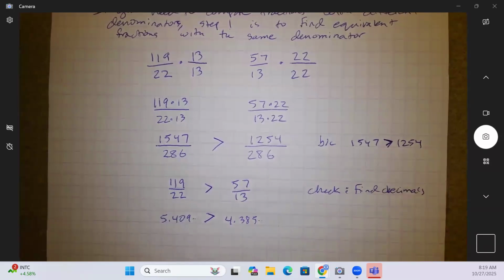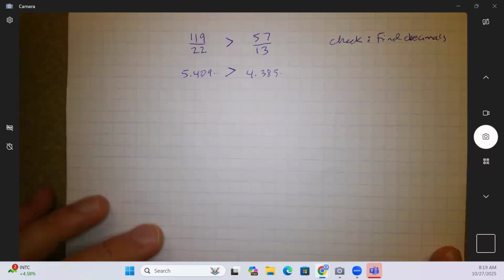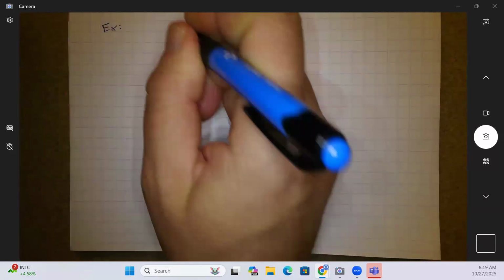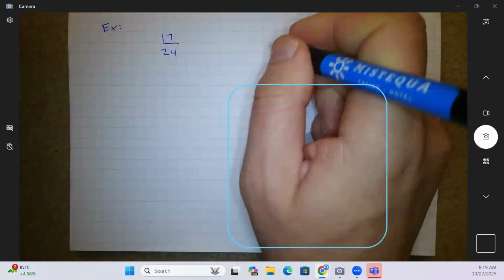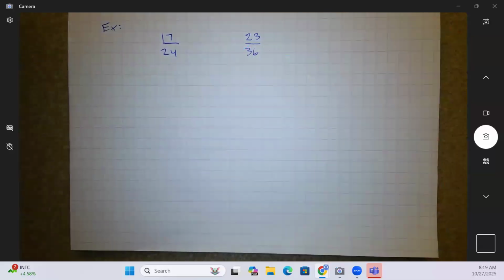All right, let's do another example. If you're reviewing your textbook, it's always a good idea to review your textbook, but you're going to notice that it does it a little differently than I'm going to do this one. So let's compare 17 over 24 to 23 over 36. I don't know which of these is bigger. I'm just kind of making it up.